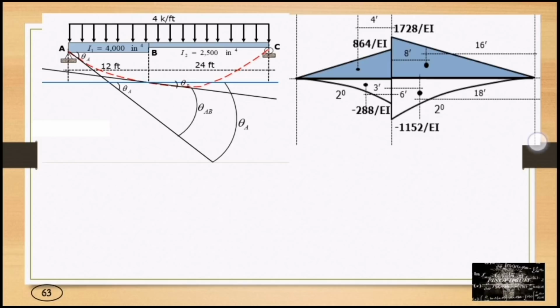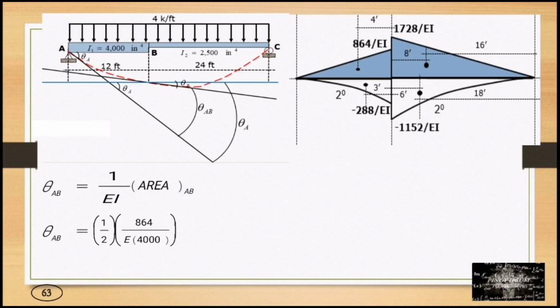Now, theta AB is equal to 1 over EI multiplied by the area of moment diagram between points A and B. So theta AB is equal to 1/2 times 864 over EI.